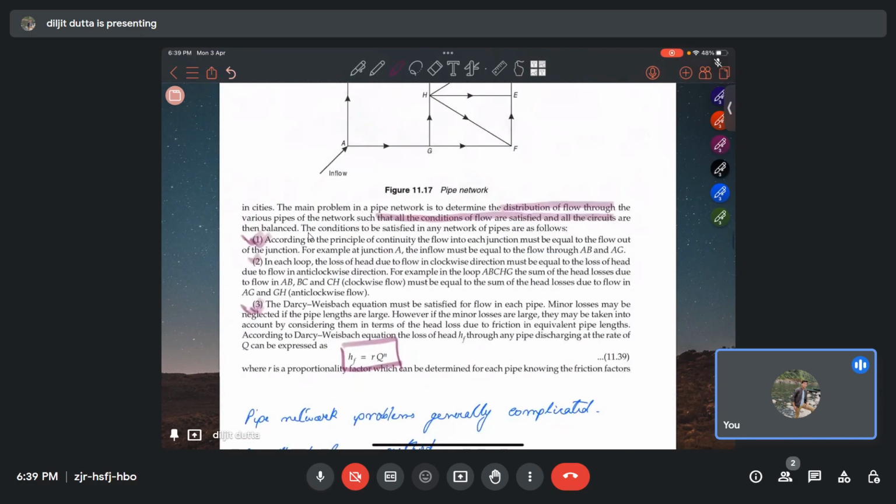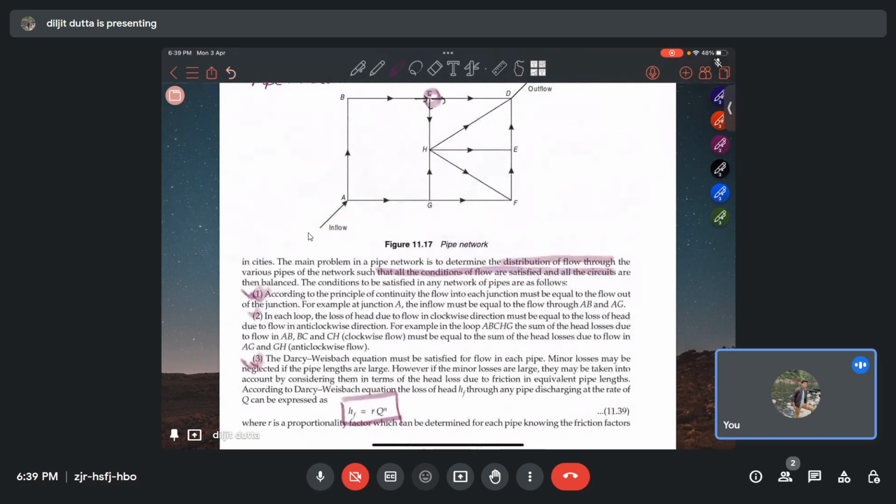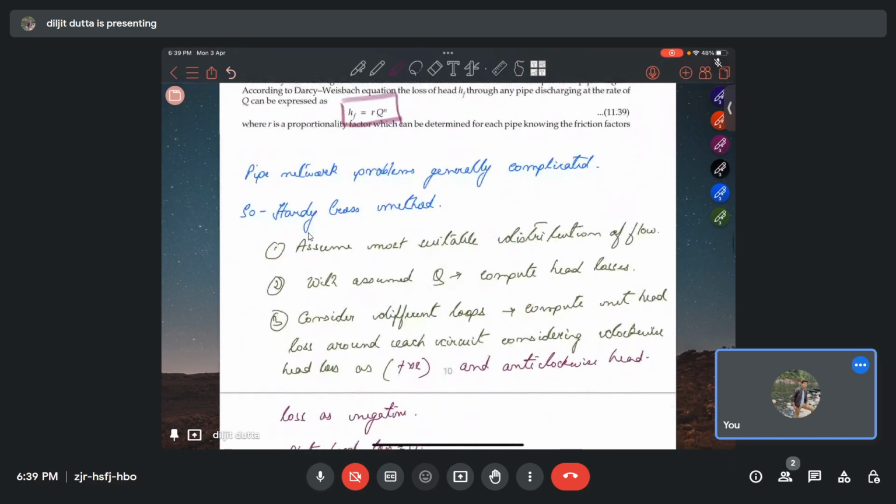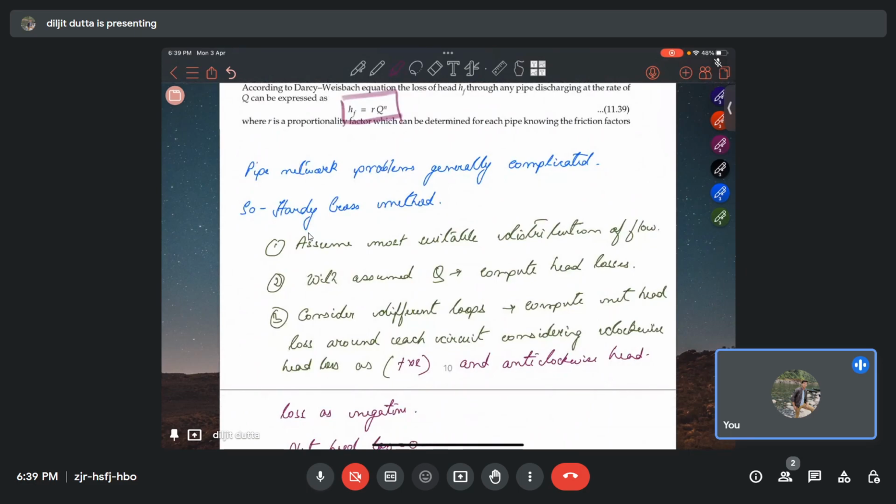In general, if we have a large pipe network, solving for the velocities in the pipes analytically is a very complicated problem. So to make it simple, there is a method called the Hardy-Cross method. It was developed by Hardy and Cross, so the name suggests that. What do we do in the Hardy-Cross method?